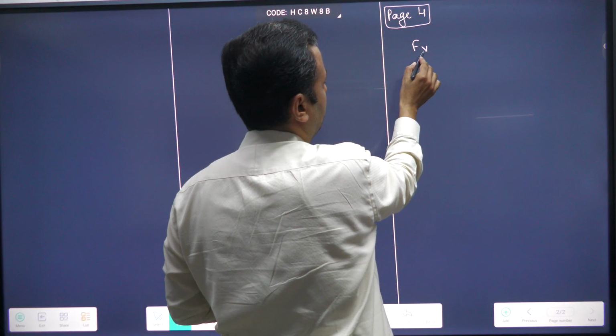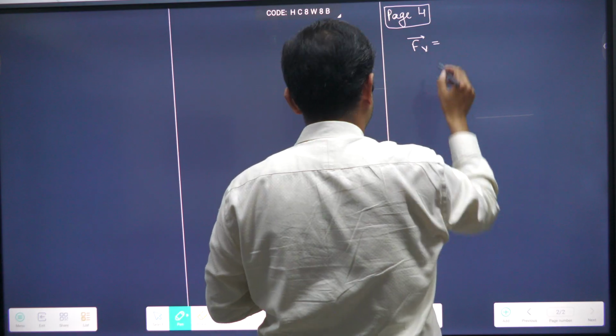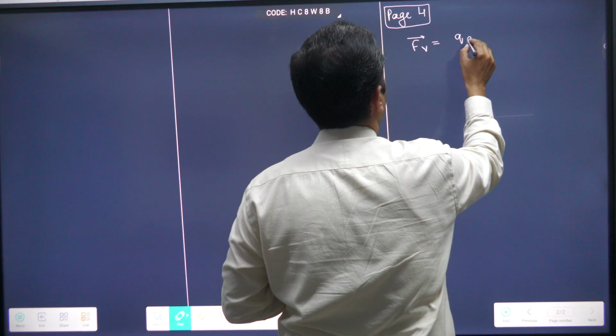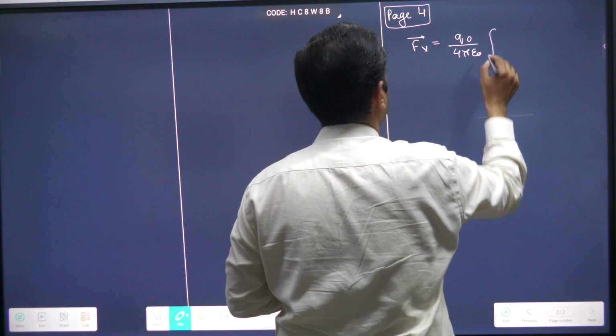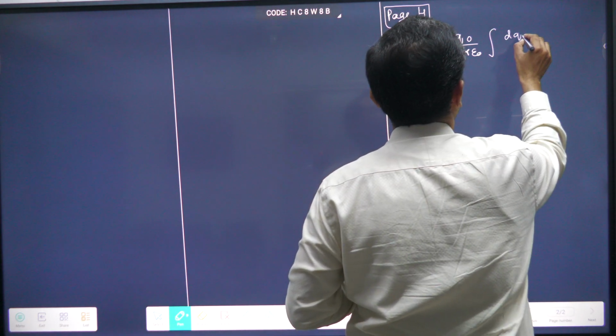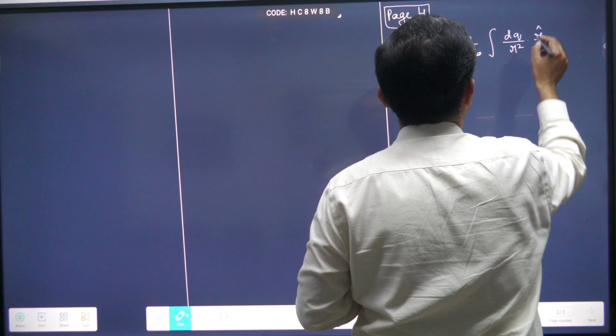That's why I am taking the subscript as V. Fv vector is equal to Q naught upon 4 pi epsilon naught integration dq upon r square, and r cap.